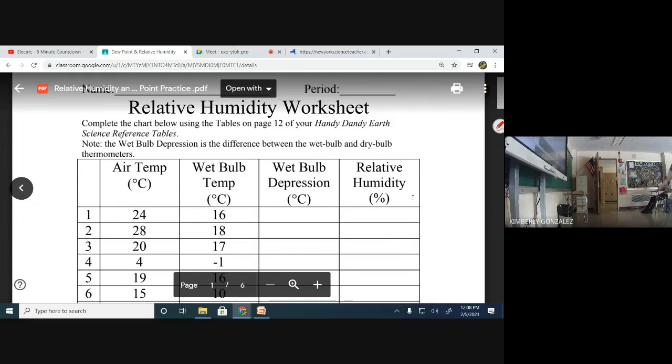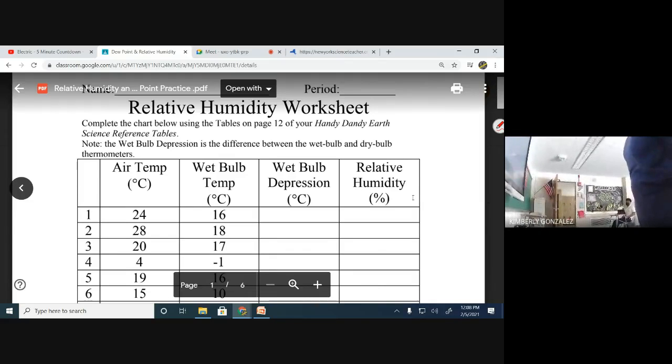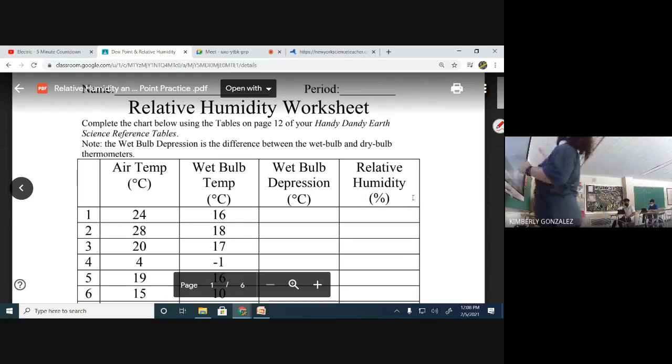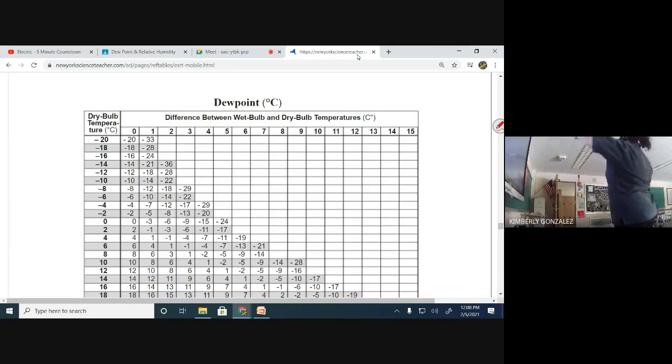All right, so basically, you are looking for relative humidity. The first thing you want to make sure of, when you go to your reference table on page 12, is that you're looking at the correct chart. Am I looking at the correct chart? No, this one says dew point.